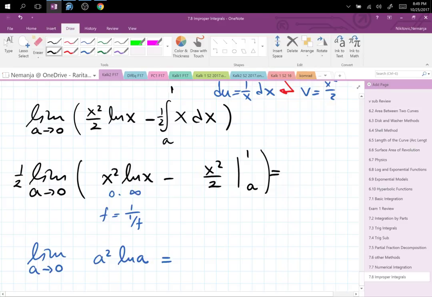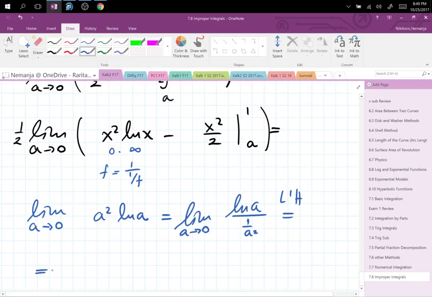What we do is the manipulation here: leave ln a and then write a squared as 1 over a squared. So now we have infinity over infinity, which means that we can use L'Hopital's rule, differentiate numerator and denominator separately. So limit a goes to 0.